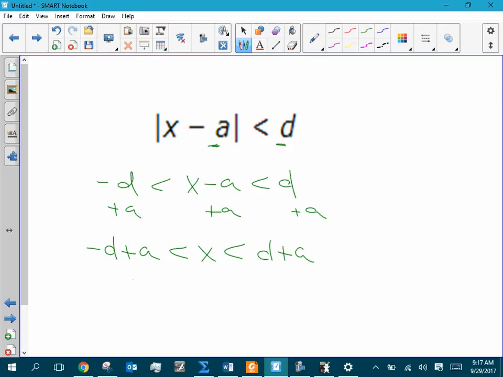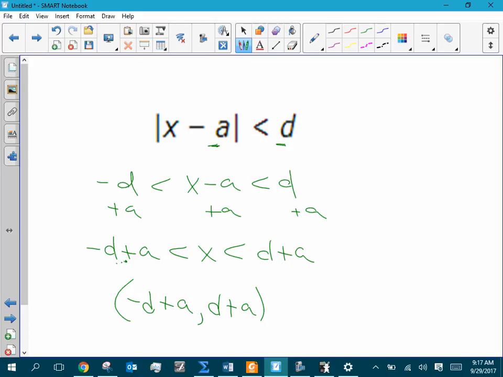If we put this in interval notation, think about this being a number line. We know that this number here, because I have the opposite, negative D plus A, has to be a smaller number than positive D plus A, doesn't it? So this number is first. So negative D plus A, comma, D plus A. And that's how you're going to write that interval notation.